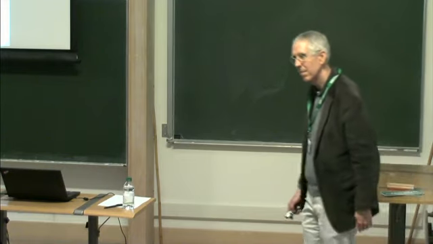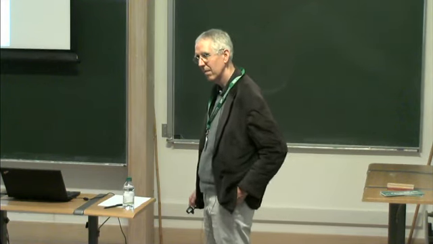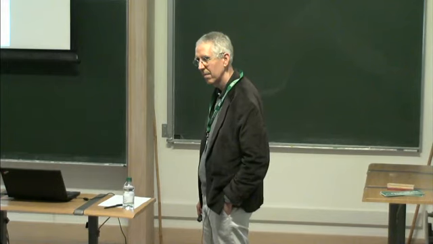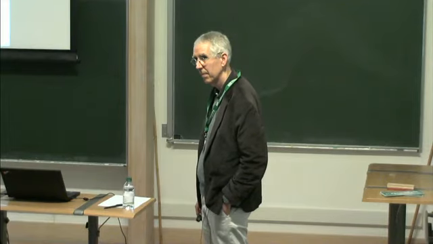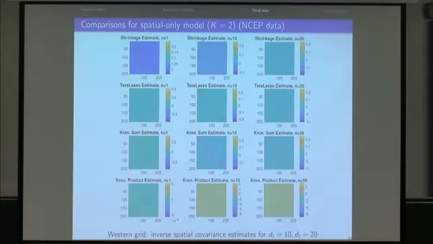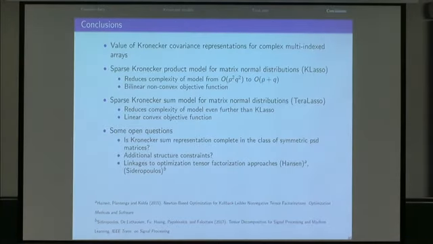Do you see a chance to do statistical inference based on the tensor graphical lasso, for instance looking at temporal dynamics and spatio-temporal dynamics? Yeah, so that's what I tried to show in this example, certainly in the Kronecker product example.